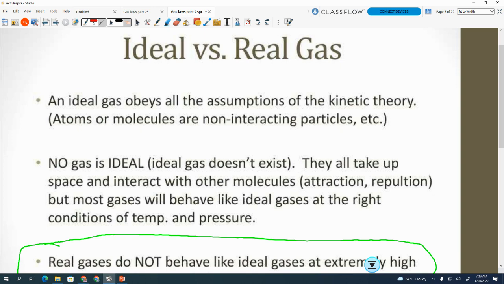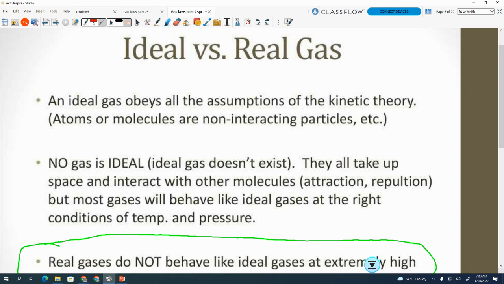And in a gas, there's always going to be some energy lost due to those collisions, and there's going to be the fact that gases actually do have volume. Molecules actually do take up some space, so there's always going to be a little bit of compensation that we have to make for size.